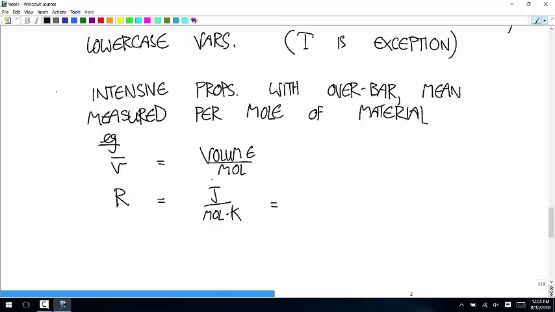Or, you can think of that as joules per Kelvin per mole. And if you think about it that way, that's measured on a per mole basis. And so we're going to represent that with an overbar. Okay.